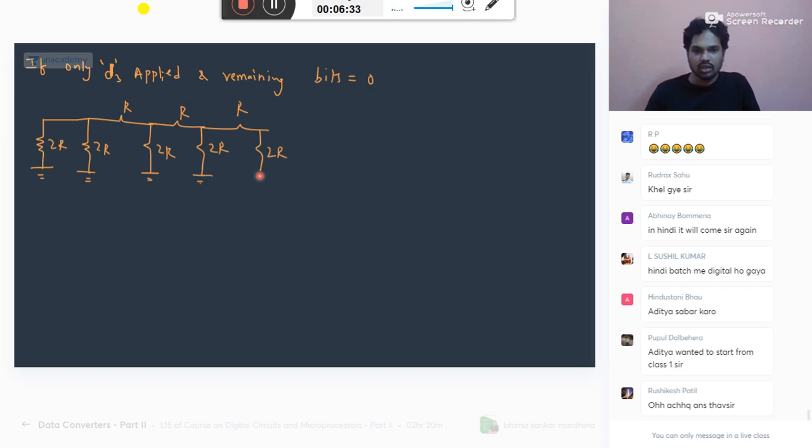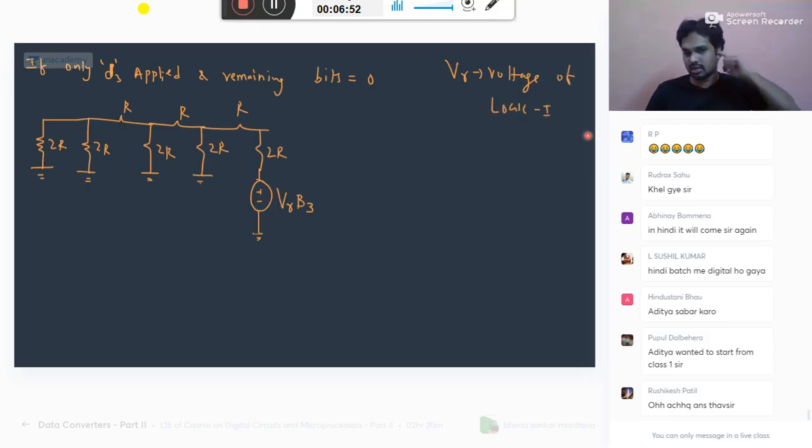Now here you have connected bit 3. Bit 3 is replaced by VR into V3. What is VR? VR is the voltage of logic 1. You understand this or not?